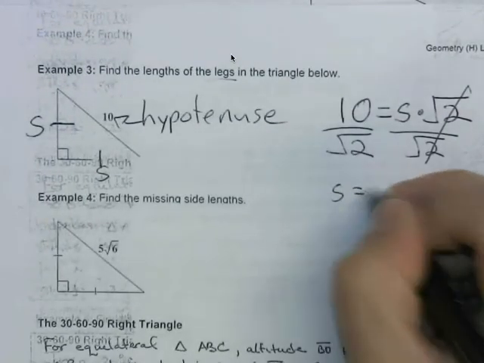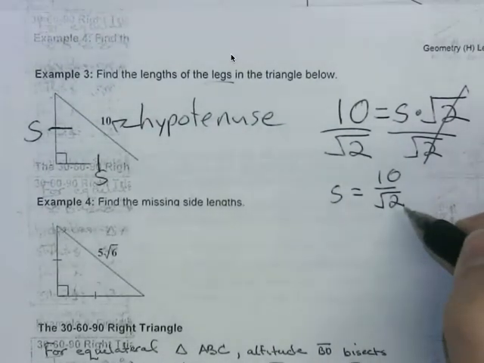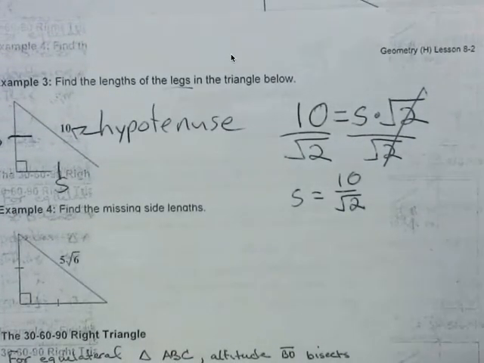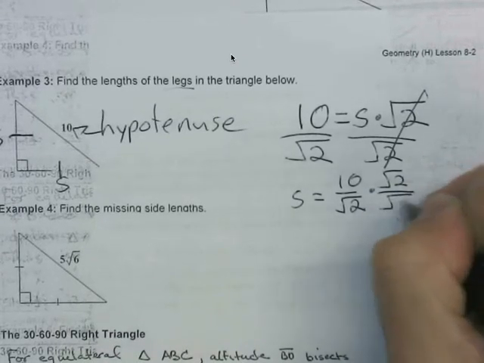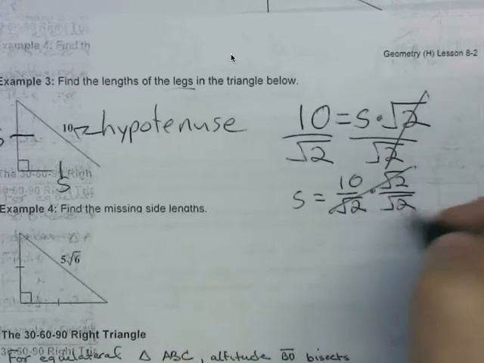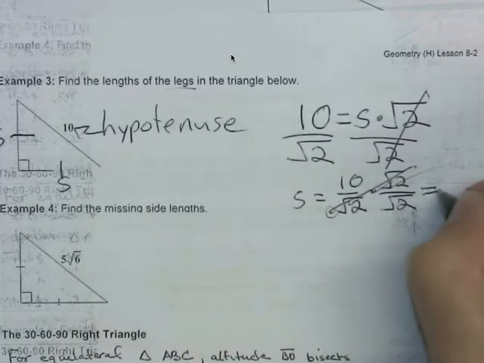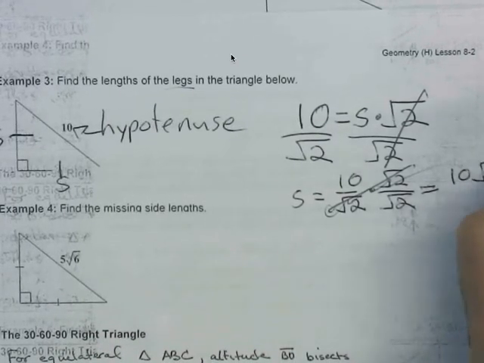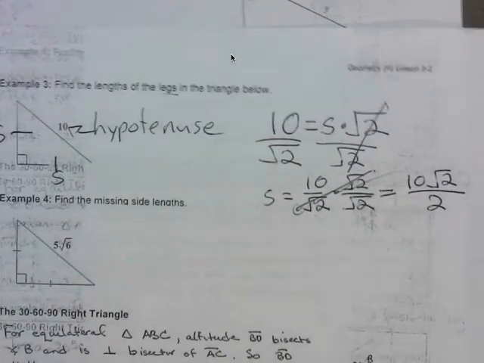In algebra, we really don't like keeping a radical in the denominator because if we're going to divide by an insane decimal, that's not a good look. So in this case, I'm going to rationalize this, multiplying the top and the bottom by square root of 2. Okay, sorry, don't cancel them. All right, so this would be 10 square root of 2 over just 2 now, because this was square root of 2 times 2.